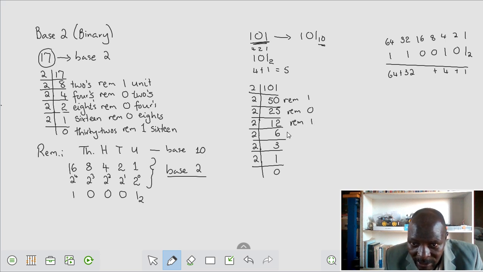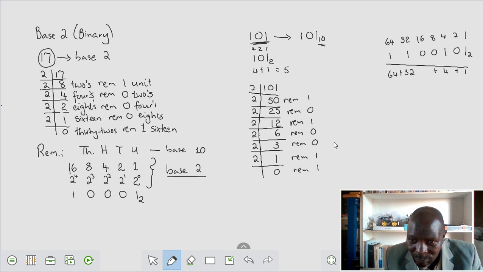No remainder here. 6 times 2 is 12. No remainder. Okay. Again, 2 into that will be 3. 2 into 6 will be 3 with no remainder. 2 into 3 will be 1 with a remainder of 1. And 2 into 1 will be 0 with a remainder of 1. And we remember that this is our unit.